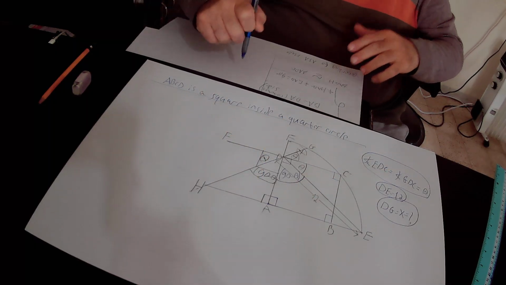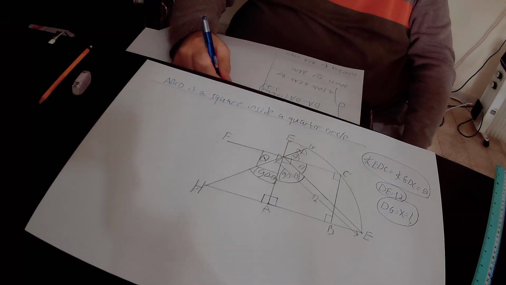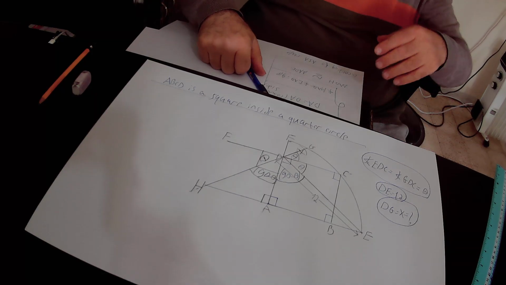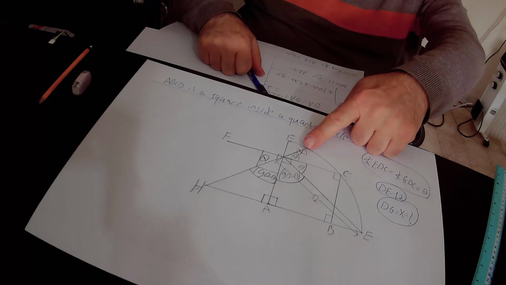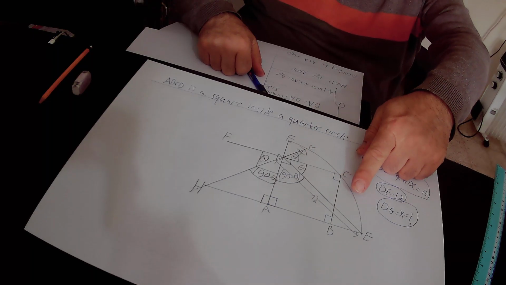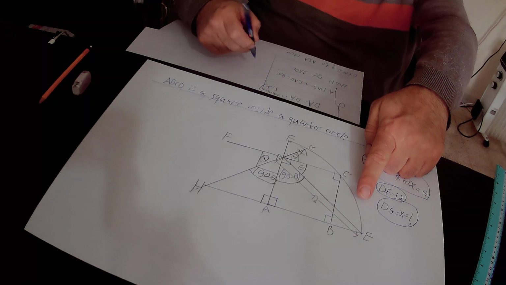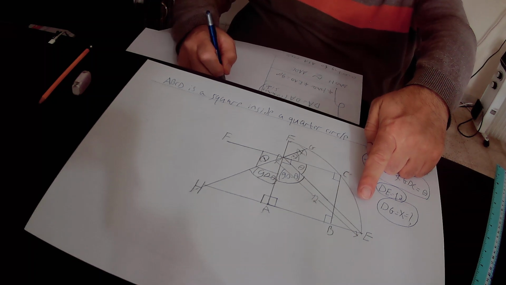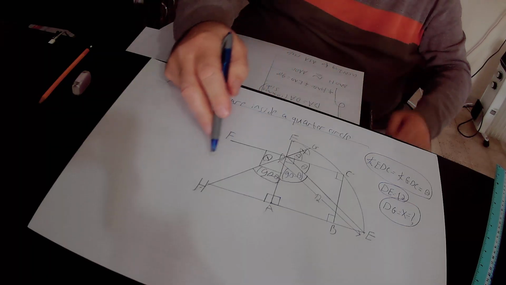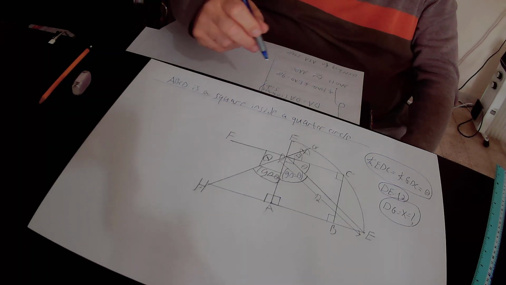And from the fact that those two right triangles are congruent, we will derive that side DE in the right triangle ADE is equal to side DH in the right triangle ADH.